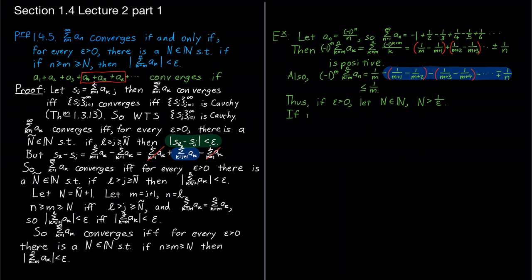If little n is bigger than or equal to little m is bigger than or equal to big N, then the absolute value of this partial sum is less than 1 over m, which is less than epsilon, because it's positive but less than 1 over m. Or if you multiply it by minus 1 to the m, you get something that's positive but also less than 1 over m.